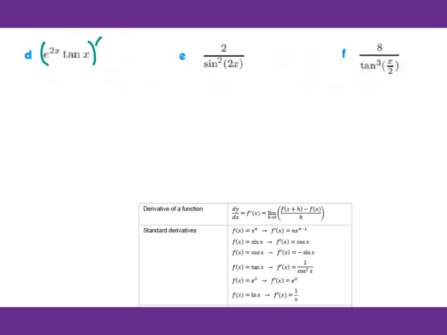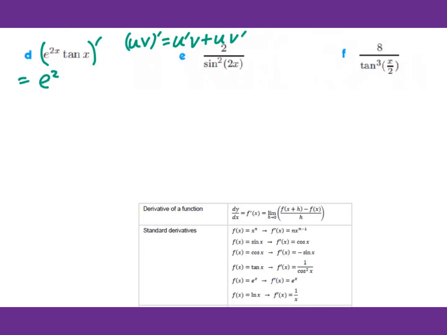When you do the derivative of these expressions, you have to use the product rule. When you have two functions multiplied, we do the derivative of that, you will get the derivative of u times v plus u times the derivative of v.